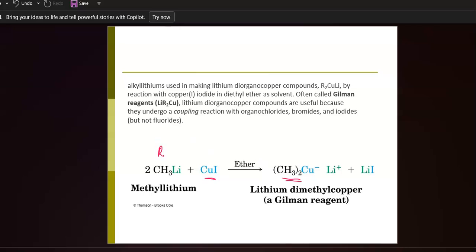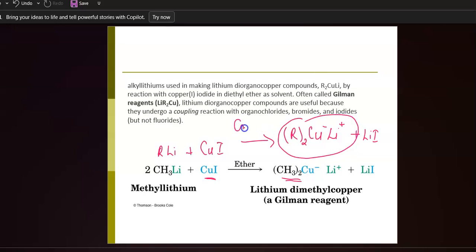If I write this as RLi and react it with copper iodide, you get R2, two R groups attached to the copper, a kind of ionic compound, and then one more molecule of lithium iodide is generated. The reagent I have circled is called the Gilman's reagent. It's a very useful reagent to increase the carbon chain, so we call those coupling reactions.